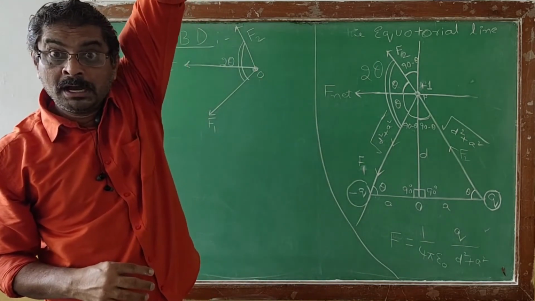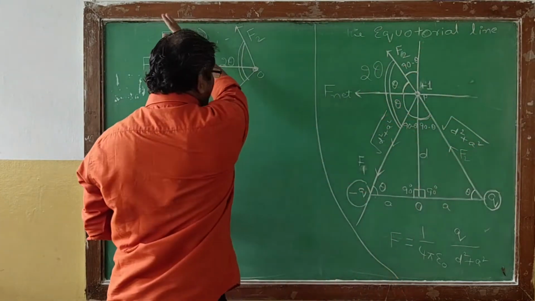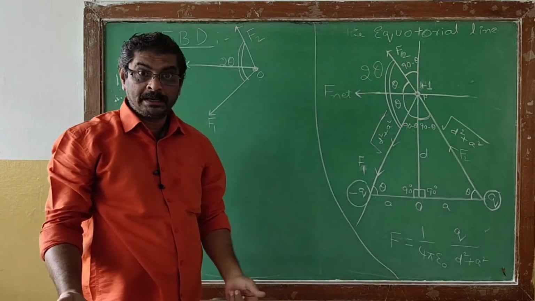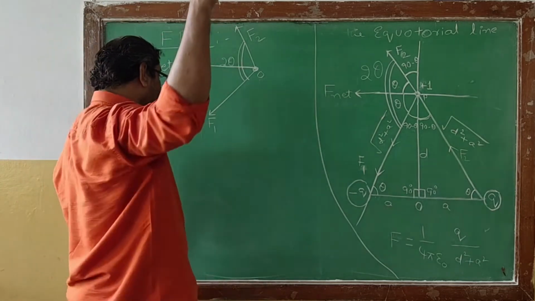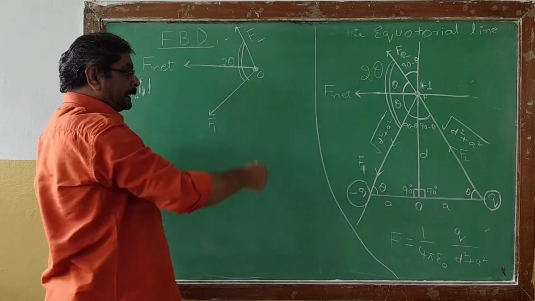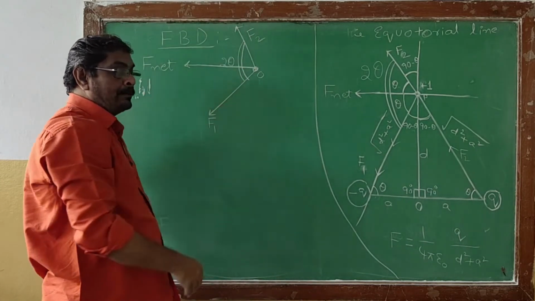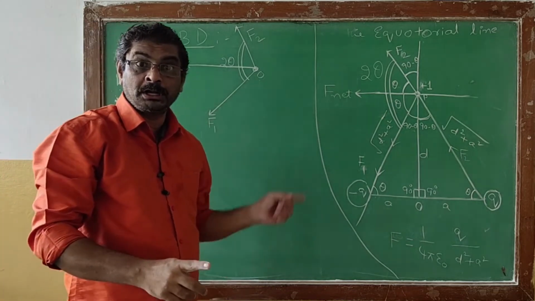So from our bigger diagram, I am taking out the free body diagram. You can clearly see F1 will be acting downward, F2 will be acting upward, and the total angle between them will be 2 theta.